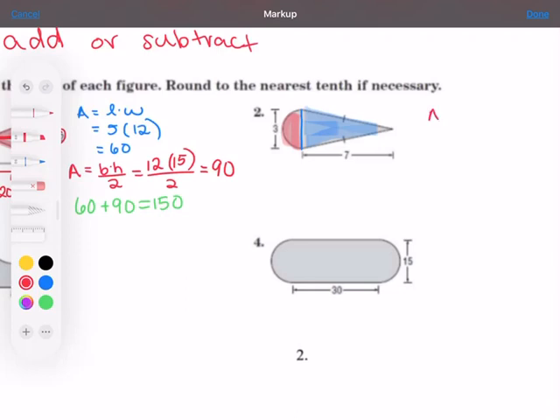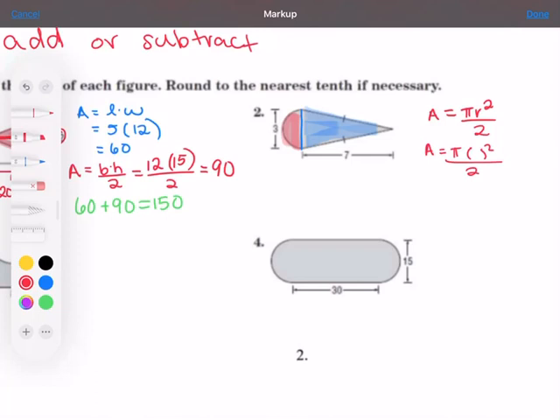So area of a circle is equal to pi r squared, right? But that's a full circle and this is a half circle, so we're going to have to divide by 2. So area is equal to pi times the radius squared divided by 2.